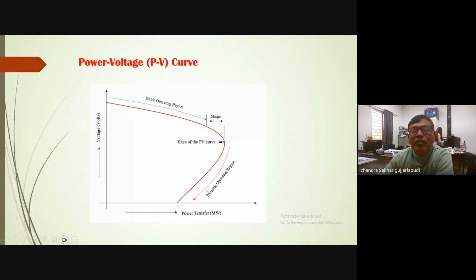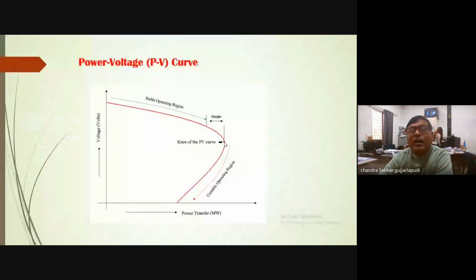After some operating point, we come to a critical region, and after that the system collapses. This point is referred to as the knee point of the PV curve.